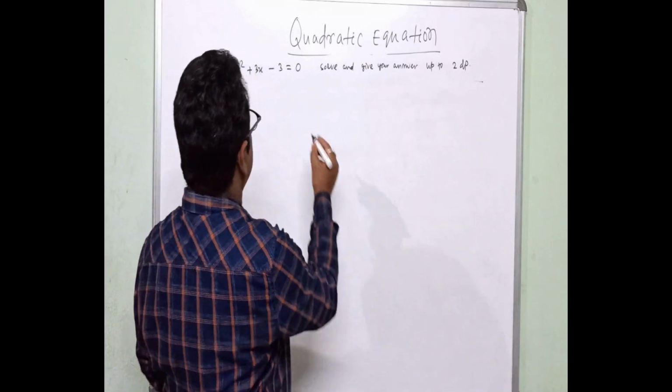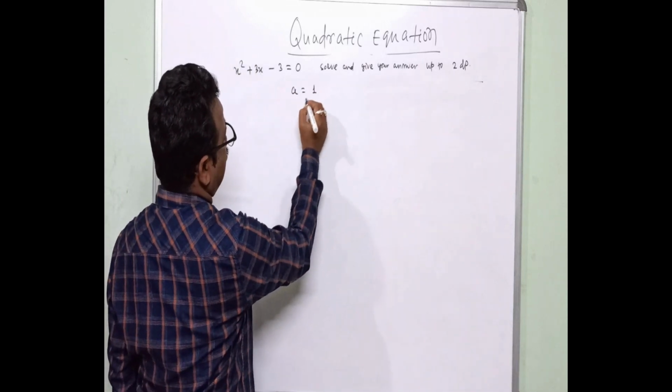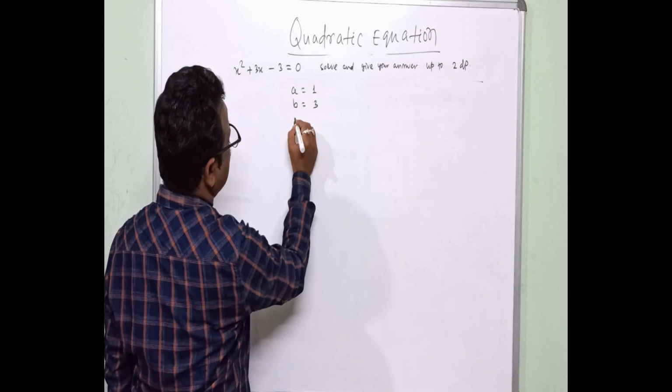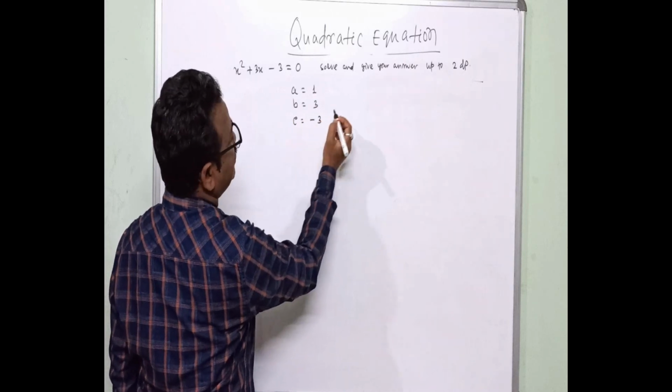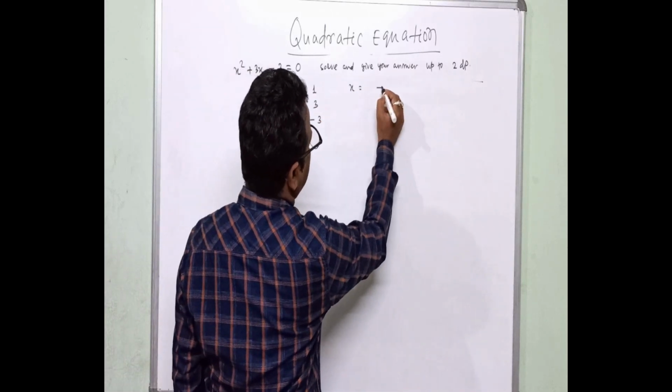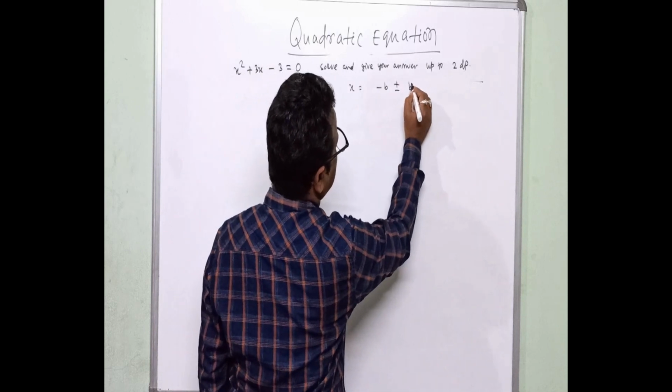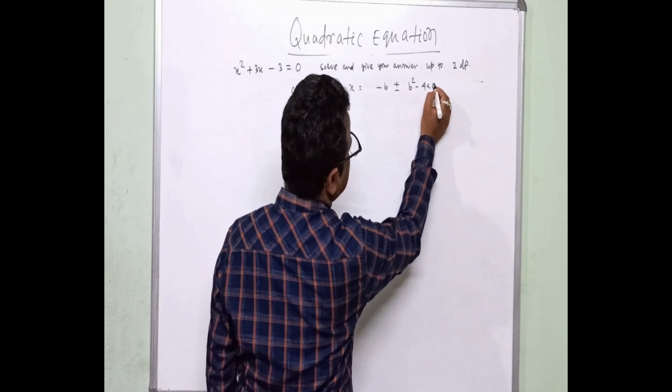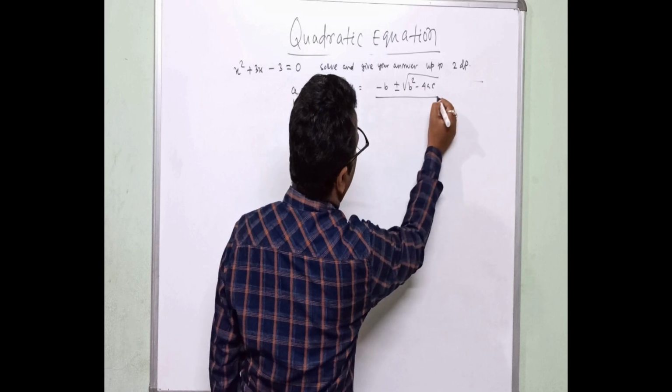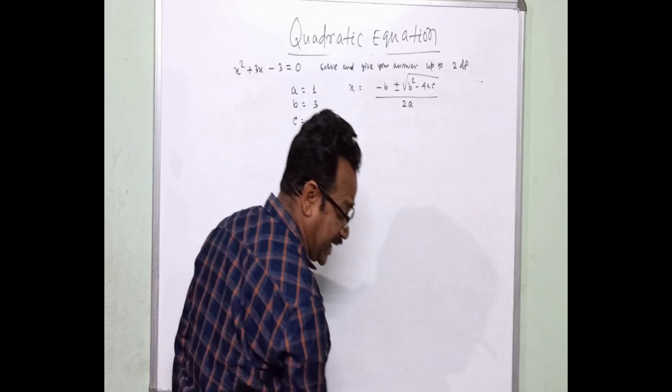Now here a is equal to 1, b is equal to 3, c is equal to minus 3. Now x is equal to minus b plus minus root of b square minus 4ac, whole divided by 2a.